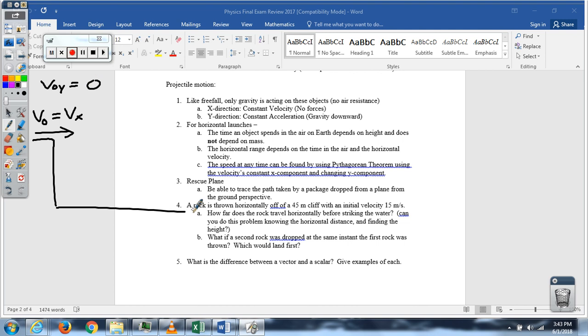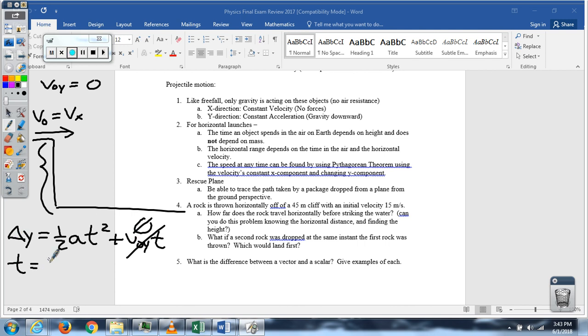Then the amount of time that it spends in the air just depends on this height, because delta y equals 1/2 at squared plus voy t, but voy is 0. So solve this for t, bring the 2 over, divide by a, square root, and so you can see that the time depends on the height.